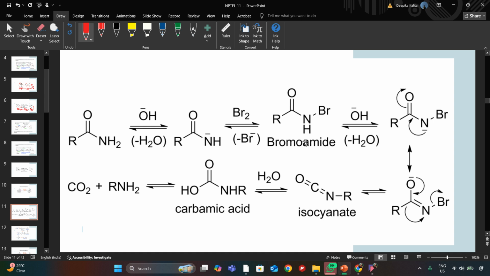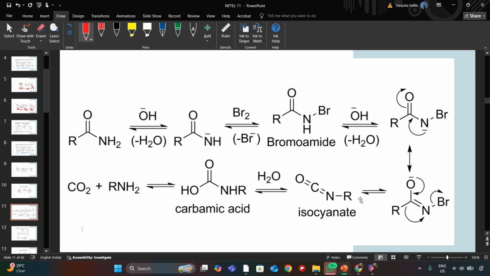Now, another molecule of base is going to extract the second amide proton to give us this negative charge, which is going to be in conjugation with the carbonyl group. This will now undergo bromide elimination reaction to give us the reactive intermediate isocyanate which forms in the reaction.